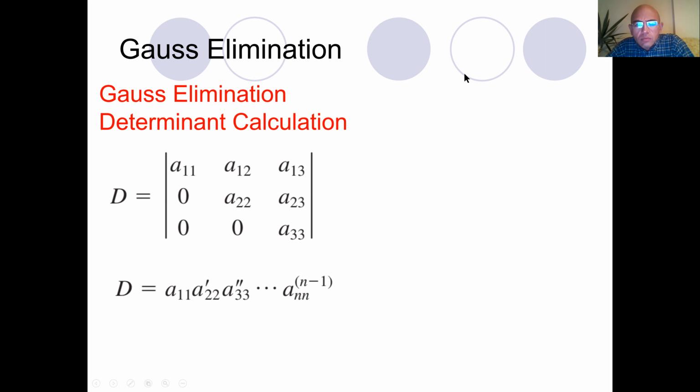Okay, so there is another thing. You can use Gauss elimination for the calculation of the determinant. Once you obtain the upper triangular matrix, you can calculate the determinant of the matrix by just multiplying the diagonal terms.